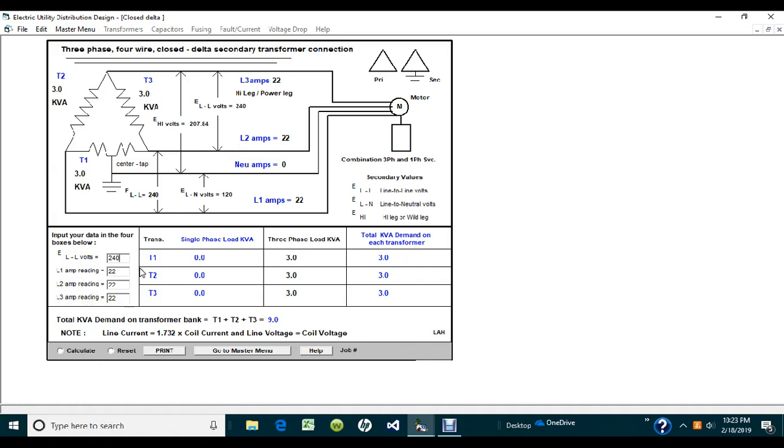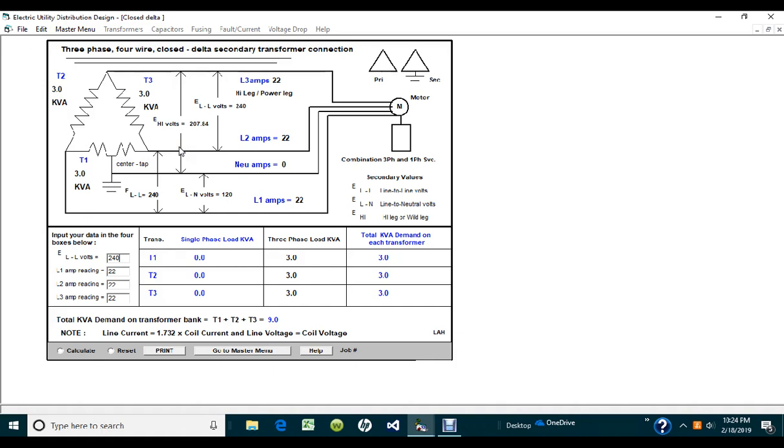Now, you might ask the question, what happens if I'm taking a reading and one of them is extremely high? Well, let me back off on that for a second. I think I'm going to wait before I bring that up because I'm really getting a little ahead of myself. Okay, so anyway, that's the three-phase, three-wire service to that particular customer. Alright, and it's a balance, and it's telling me now I got 3 kVA on each transformer that's being served.